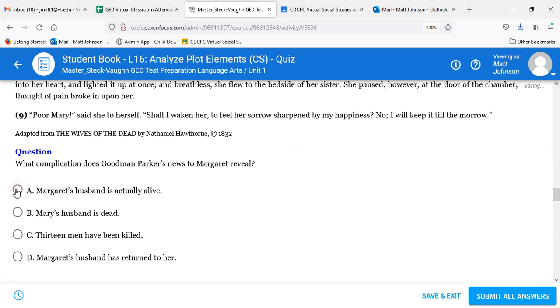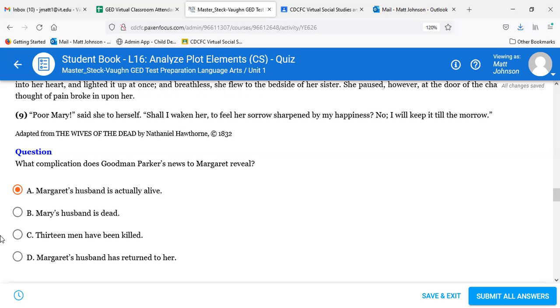A. So that is the new complication. So the exposition establishes that they've both lost their husbands. It's weird because complication sounds negative, but it's just a point of tension in the story.